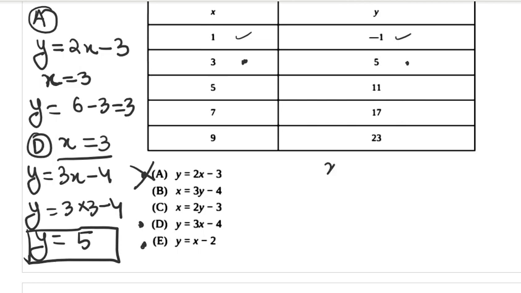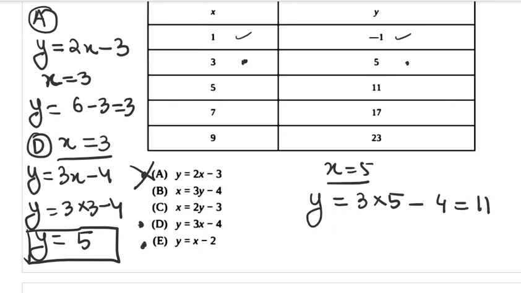So x equal to 5, if I put in D, then y is equal to 3 into 5, 5 3s are 15, minus 4. So that is going to give me 11. So you see, I'm getting this one also. That implies the D option is actually the correct option. Okay, this D option is the correct one. Alright, so that's your correct answer.